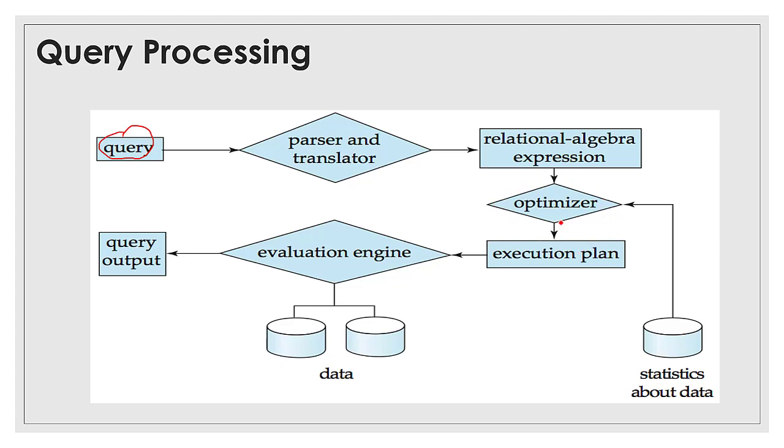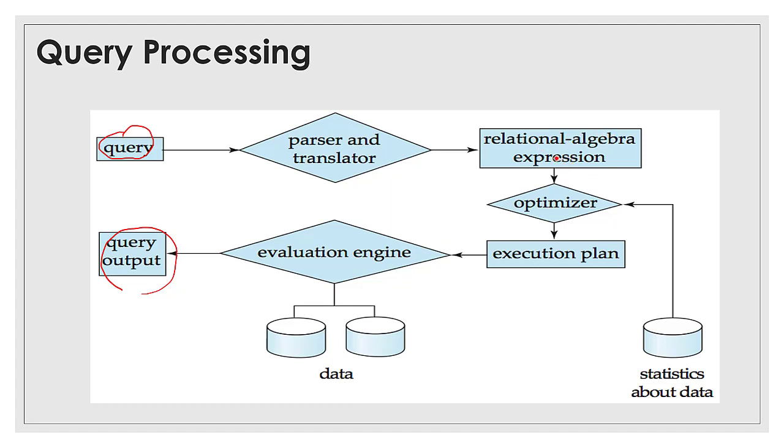Now, when the optimizer generates an execution plan, that execution plan will go to the evaluation engine, and the evaluation engine will work on the actual data and produce the output for our query. So the query will go to the parser and translator for error checking, and the parser translator will translate it into a relational algebra expression or different execution plans.